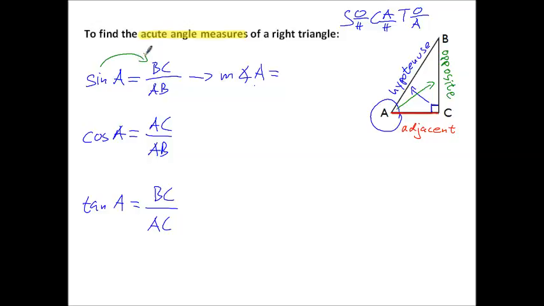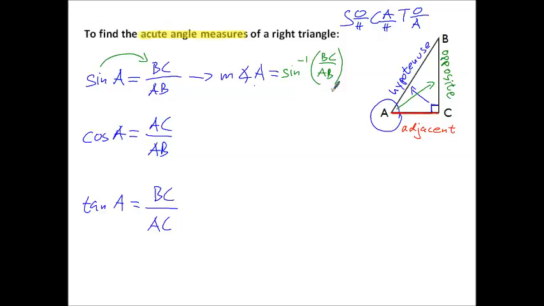Inverse means we need to move the sine function to the other side, and the notation for inverse function here is sine to the negative 1, and the inverse sine of BC over AB is the same as the measurement of our angle A.